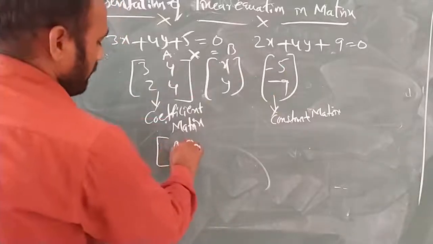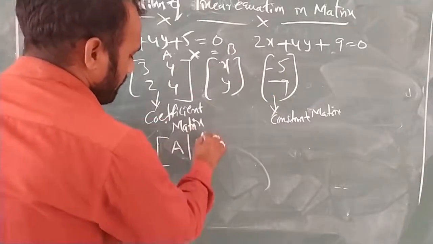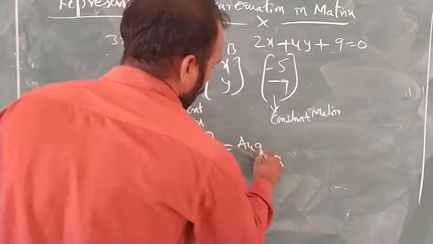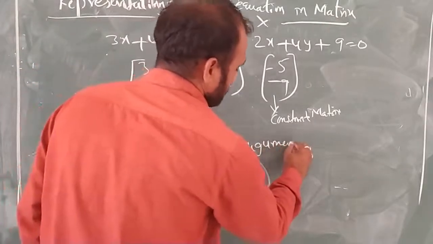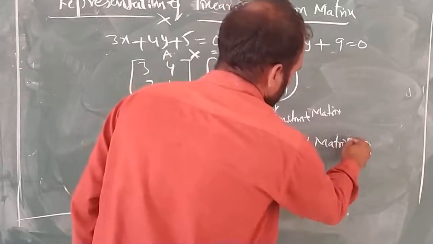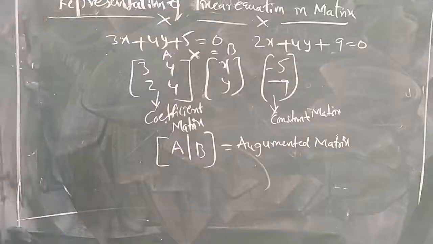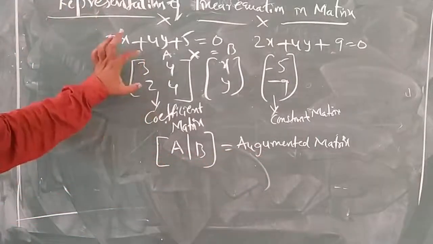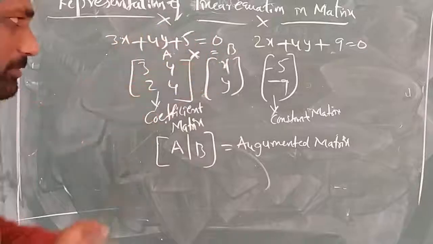If I write A, B together, then the name we give it is augmented matrix. Remember carefully what the augmented matrix is: if we are combining the A matrix along with the constants.